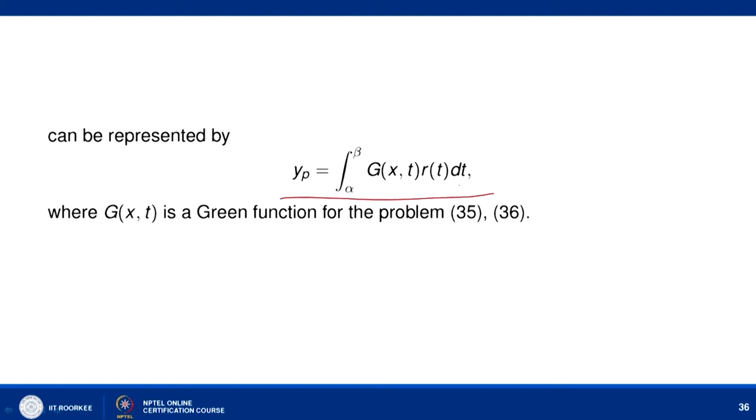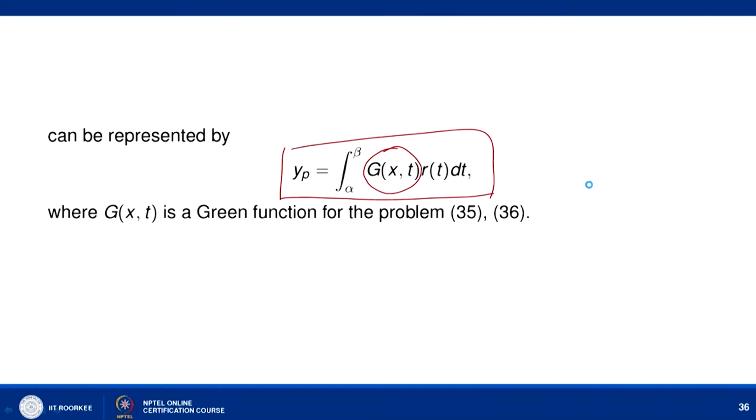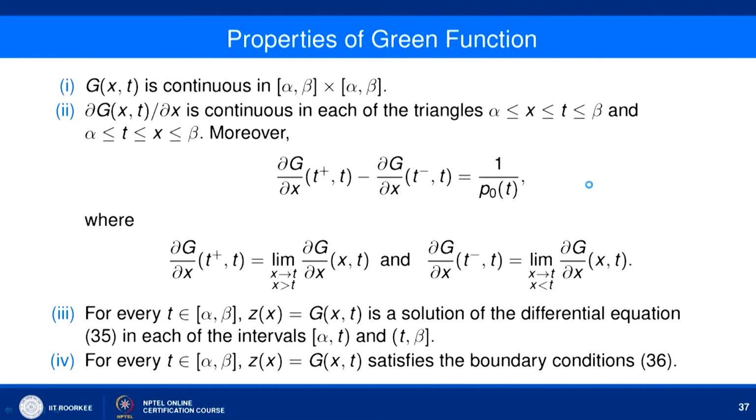Here y p equal to integral from alpha to beta of g of x, t times r of t dt. If we know this function g of x, t, which is known as the Green's function for problems 35 and 36, then we can find the solution of the non-homogeneous problem, which is going to be unique.